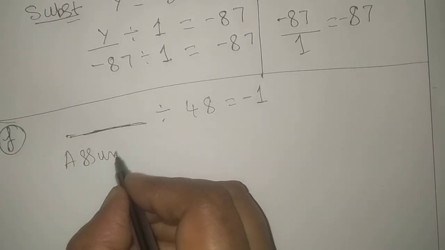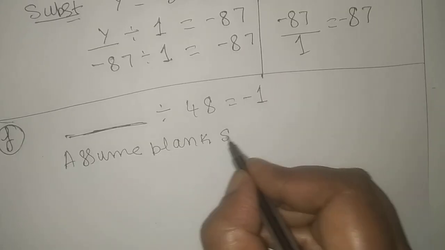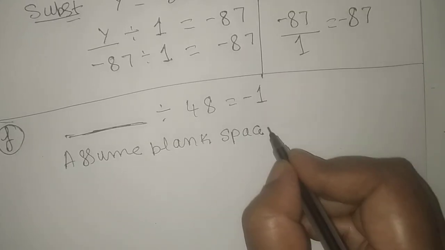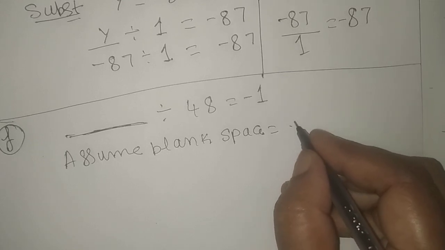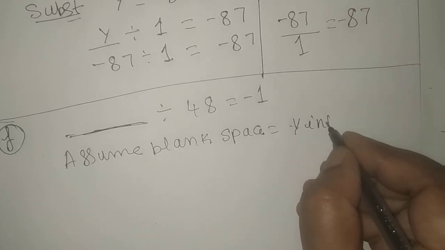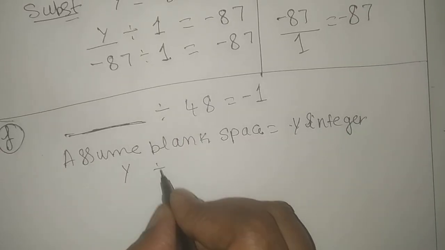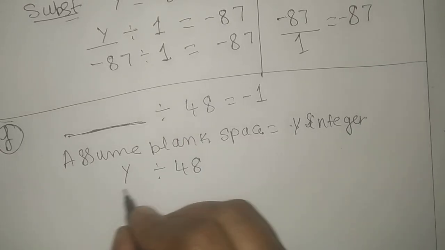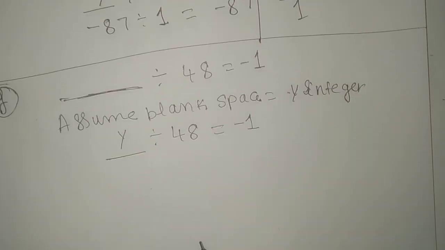Assume the blank space is equal to y, an integer. If we substitute y in the blank space, it will become y divided by 48 is minus 1.